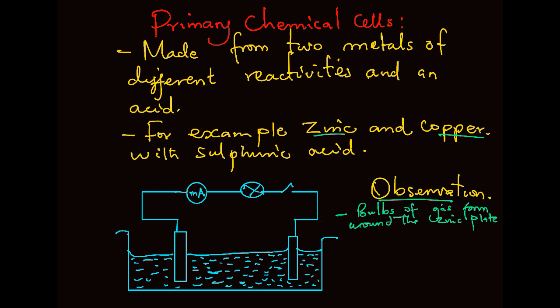So we have two plates here. Zinc plate is the first one, and then we have the copper plate, and then the dilute sulfuric acid.